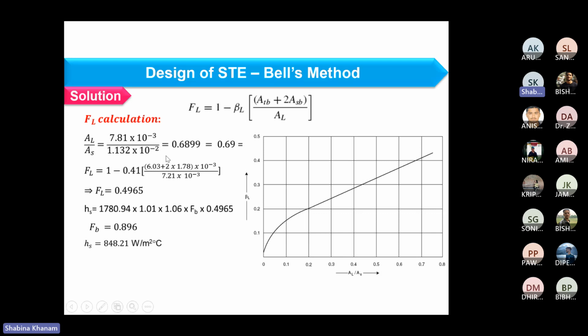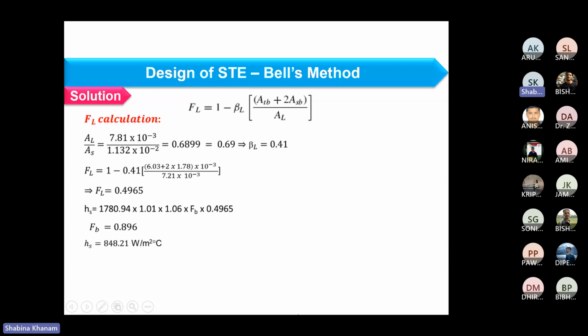So that we can consider here directly, and AL by AS you can see is 0.69, around 0.7. In that case you can see the value of beta L as 0.41. For that FL you can find out as 0.496, around 0.5, right?